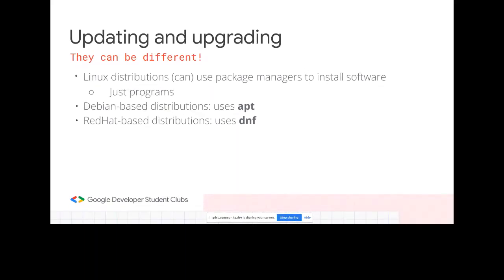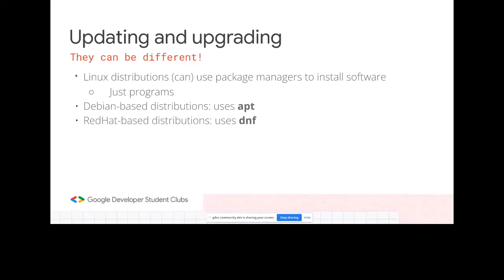In Debian-based distributions, so we're running Debian, so this is directly applicable to us, we use the program called apt, A-P-T. But you might also have heard of Red Hat Linux or Fedora or CentOS or something like that. Those are all under the Red Hat umbrella. Red Hat is a company. And the Red Hat side of things uses a thing called DNF. Now, this begs the question, which is better? But they're basically the same.